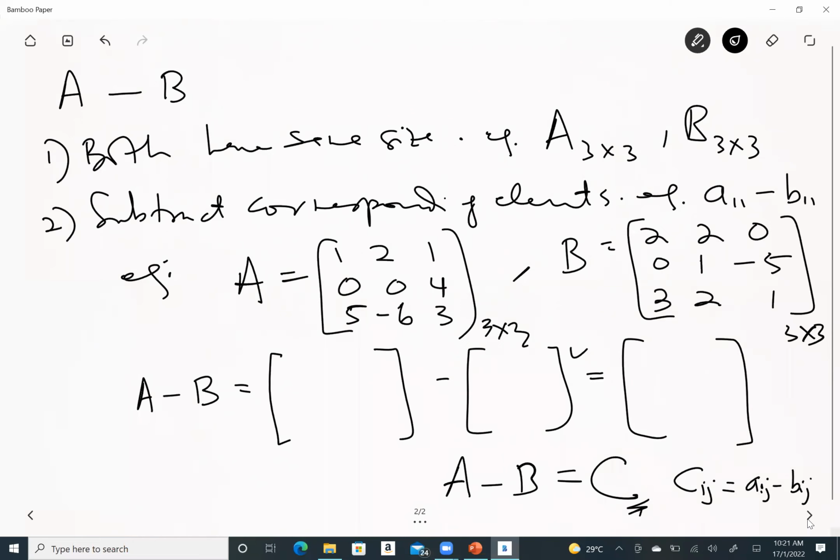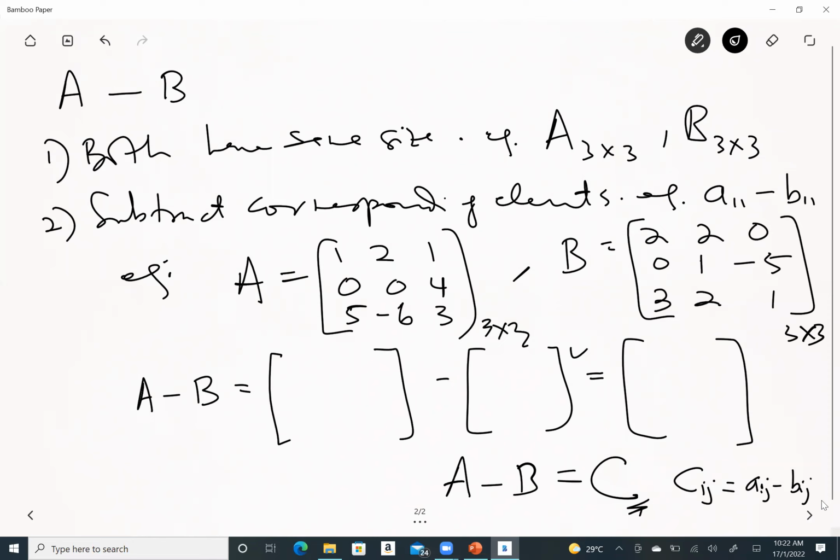Then tell me what you get. Okay, got it? Good. So that is matrix subtraction.